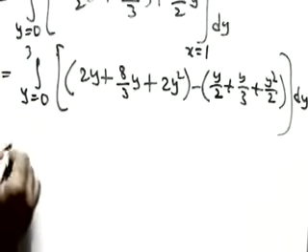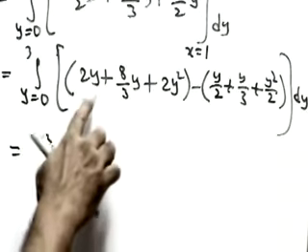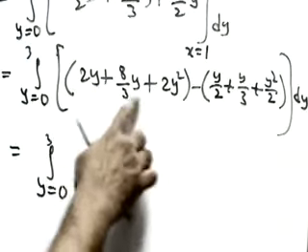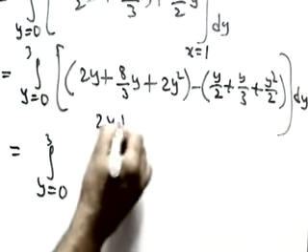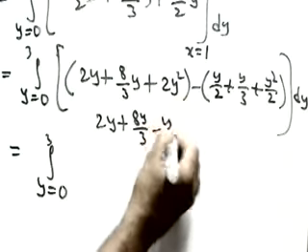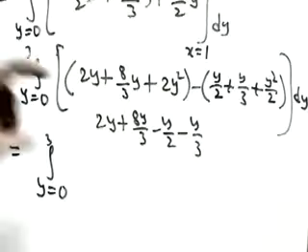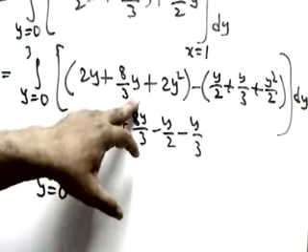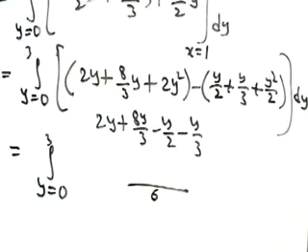Now let me solve this one. Integration of y equals 0 to 3. Let me do it in the rough work. Let me write how many y terms are there. We are having 3y terms, 1 2 3 4. Then we substitute 8y by 3 plus 2y minus y by 2 minus y by 3. We have taken all the y values. What is the LCM here?